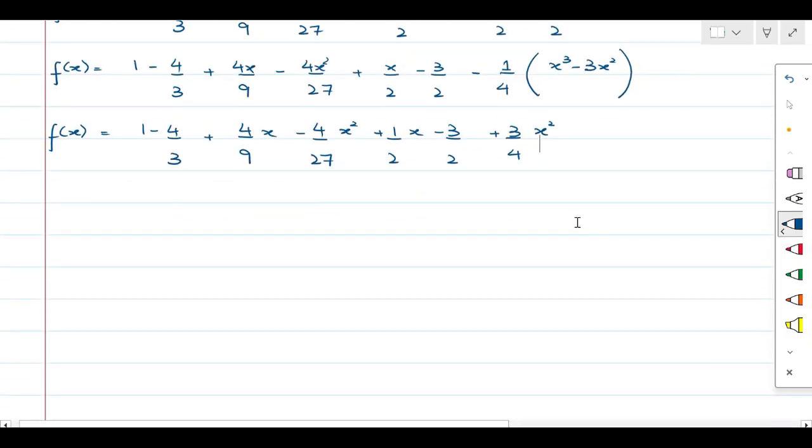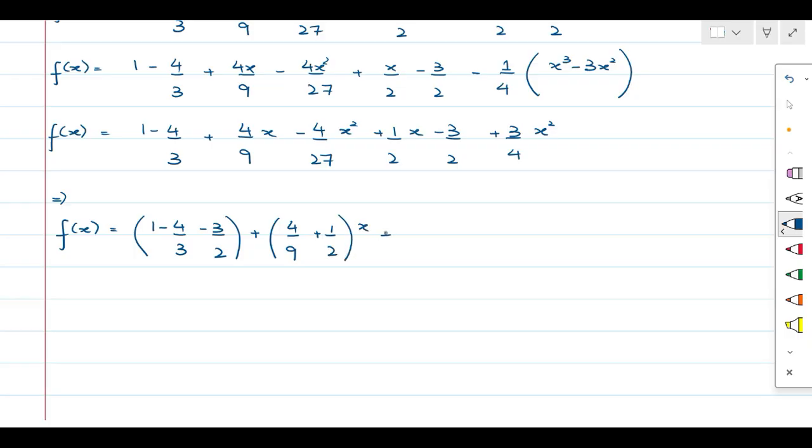Okay, now let me simplify the constant, x and the x square terms, right? So now we have f of x, the constant terms are 1 minus 4 by 3 and minus 3 by 2. This is my constant, plus the x terms are 4 by 9 and plus 1 by 2, plus x square terms are minus 4 over 27 and plus 3 by 4.